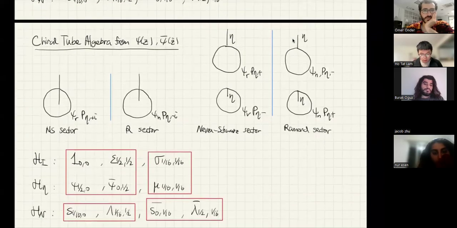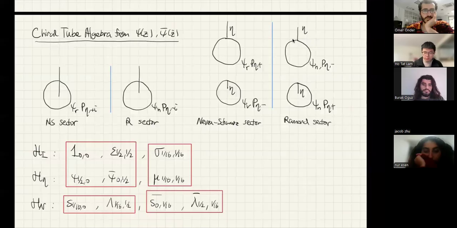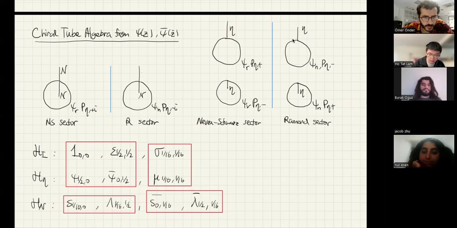So let me skip this part about the fermions. You can use fermions to build some chiral tube algebras. I'll just be very brief. You can build some lasso operators that map you between the local Hilbert space and the Z2 defect Hilbert space. You can also build some operators that map within the defect Hilbert space.